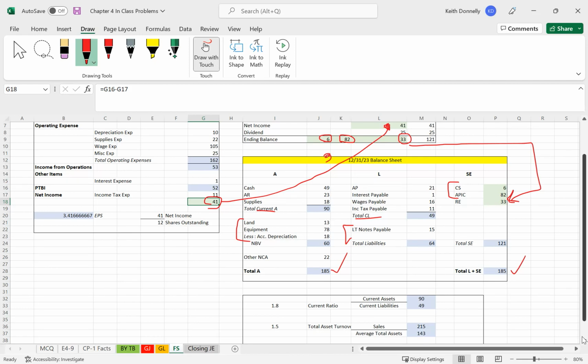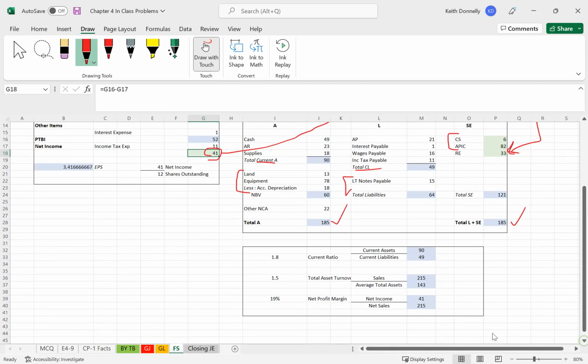Down here I've included all the ratios that we've learned: the current ratio, total asset turnover, net profit margin. Our current assets of 90 and current liabilities of 49 are linked down. You can play with it a little bit, but be aware that if you start changing things, it's all linked, so it might break the links.